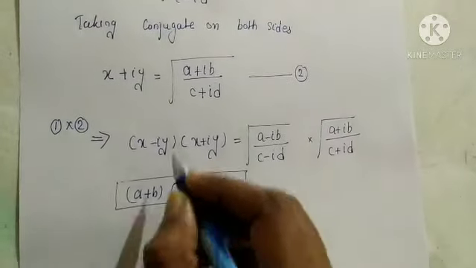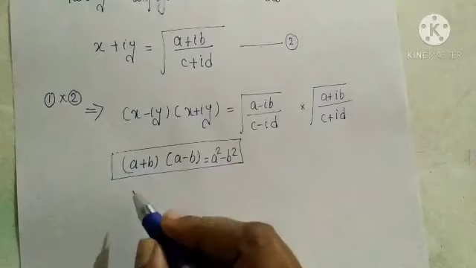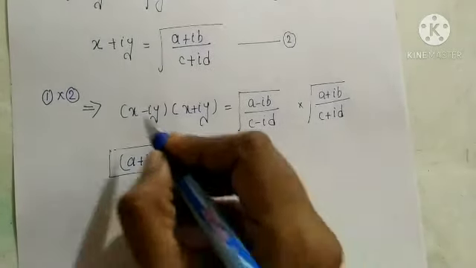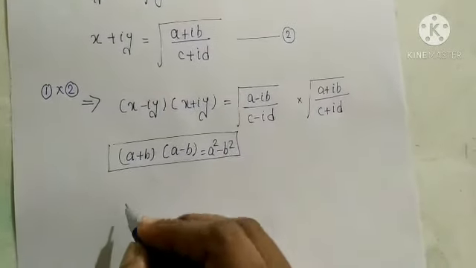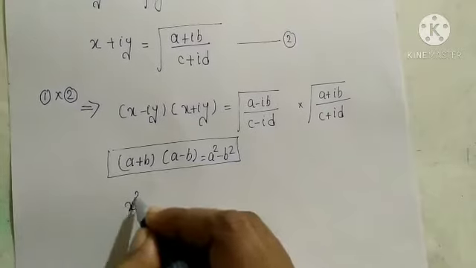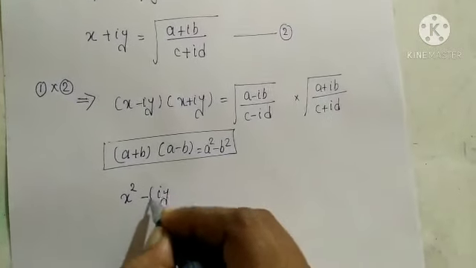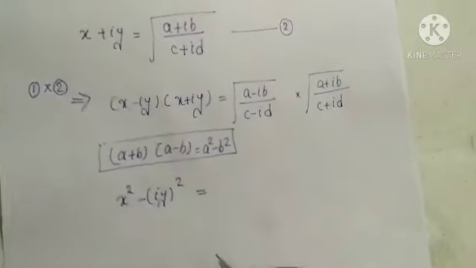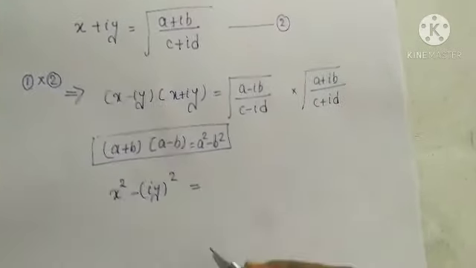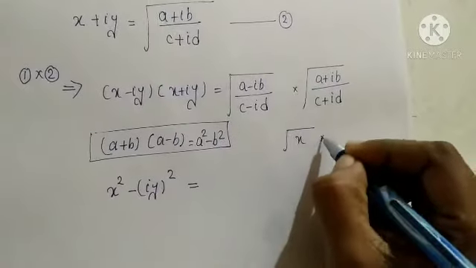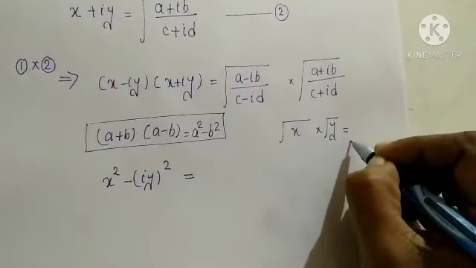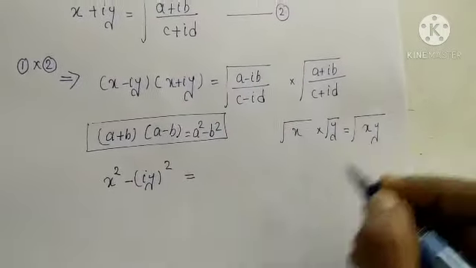So using this formula, LHS become, replacing this a by x and b by iy, it will become x square minus iy all square equal to, here we know that root x into root y can also be written as root xy, right?